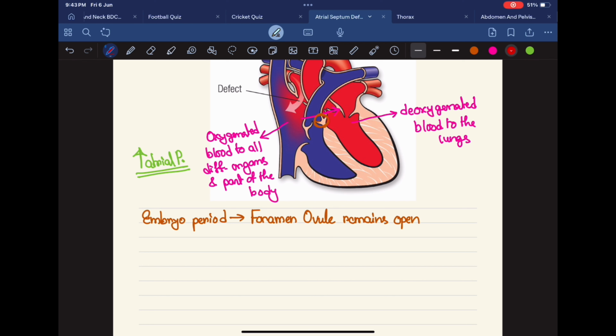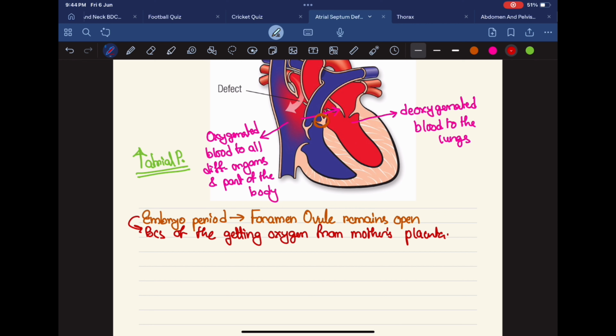which is because the baby gets oxygen from the mother's placenta. Actually, what happens after the birth of the child is that the foramen ovale closes after 1 to 2 weeks of birth.